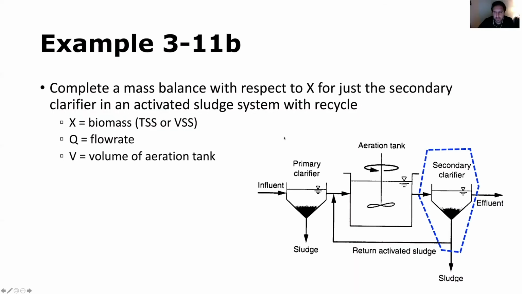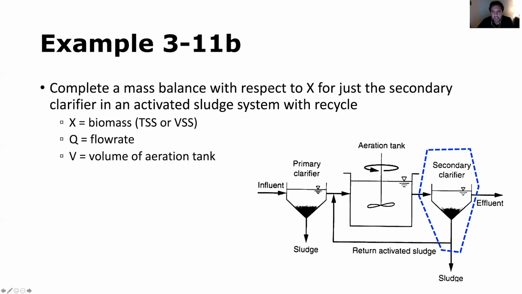All right, let's do another example problem. Same system, however, this time we're going to draw the boundary in a different location. Now the boundary is drawn only around the secondary clarifier. Therefore, for this mass balance, what's coming into the system is coming from the aeration tank, right?